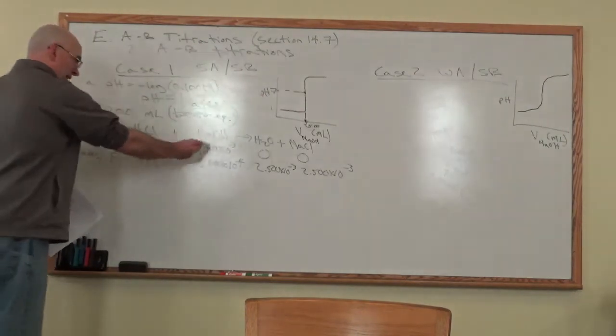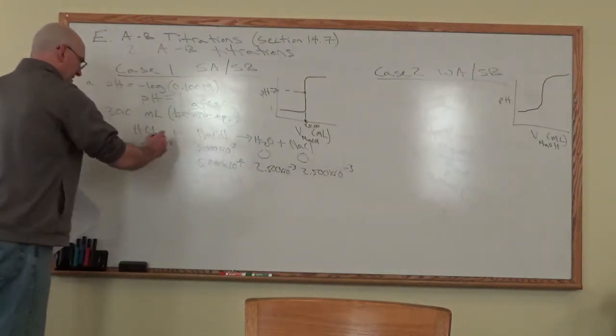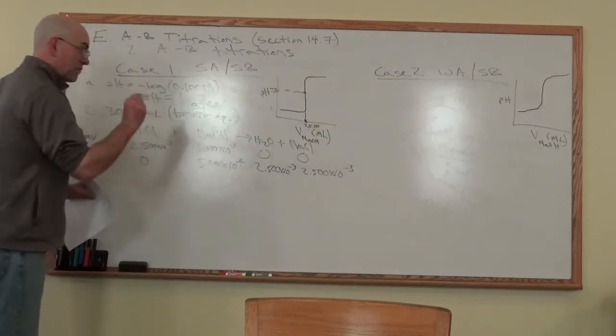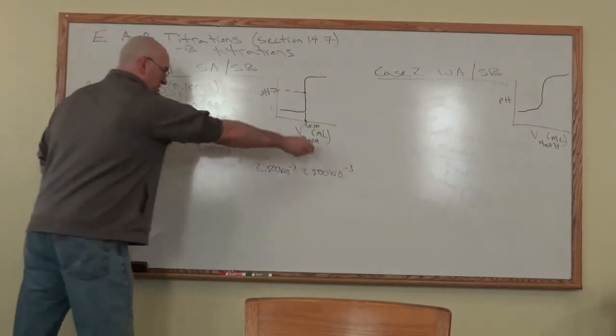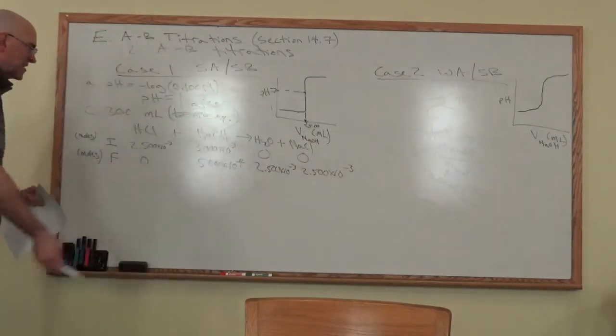That's the same, that's just bumped up, so that's now excess. This is now limiting, so you have 5, and all the HCl turns into water and NaCl, excuse me.